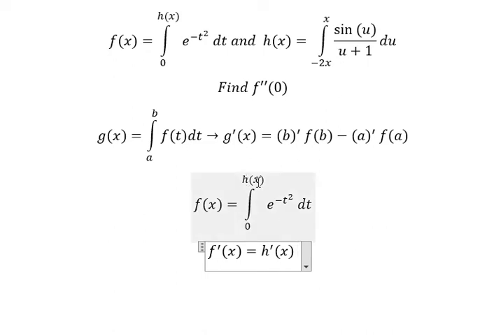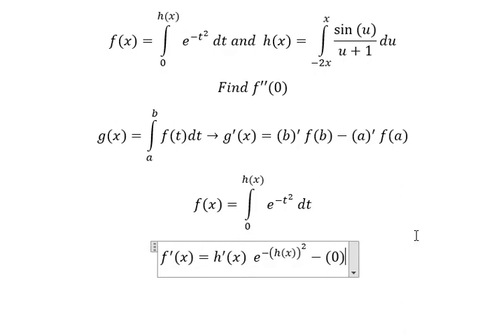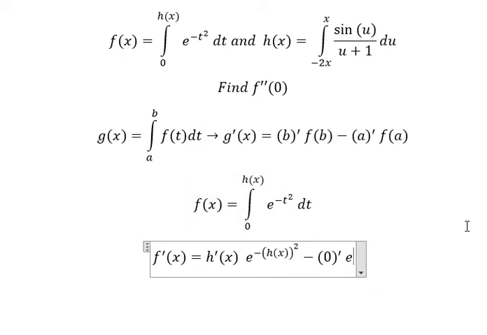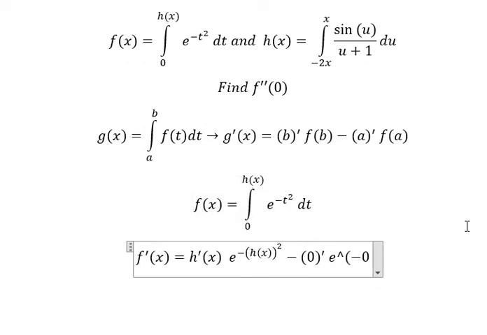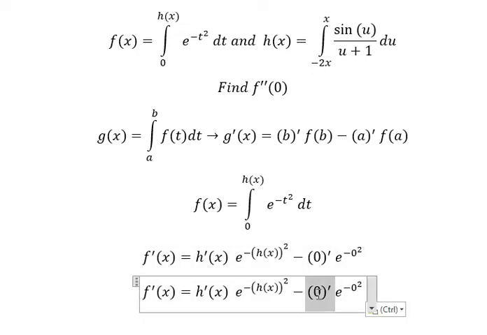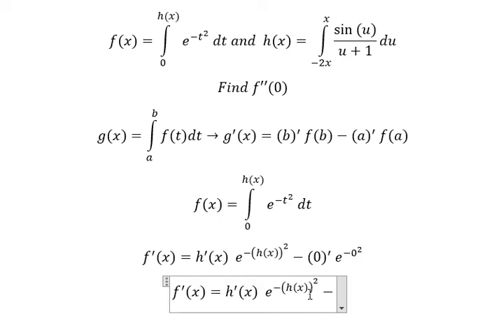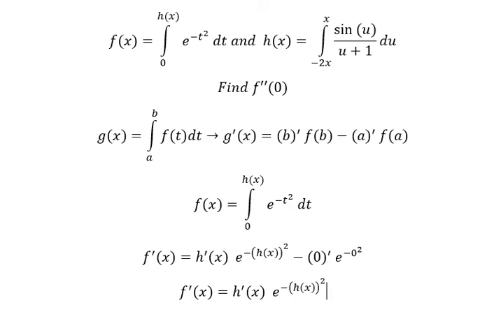Later, this value in here will replace t. Minus, we take the first derivative of number 0, and the value of number 0 will replace t. Now we need to simplify. We know that the first derivative of number 0 is 0. 0 with this one, you get 0. So we just have this one left.